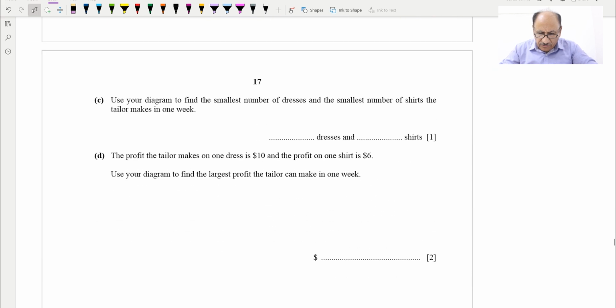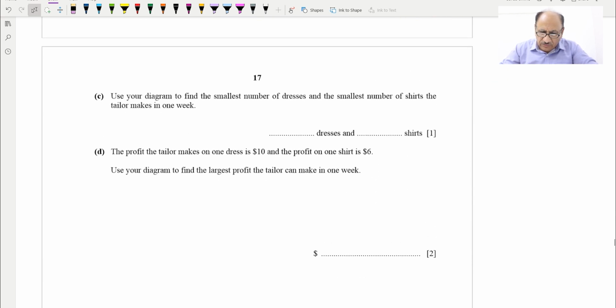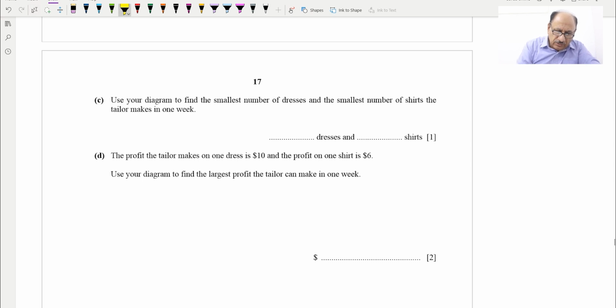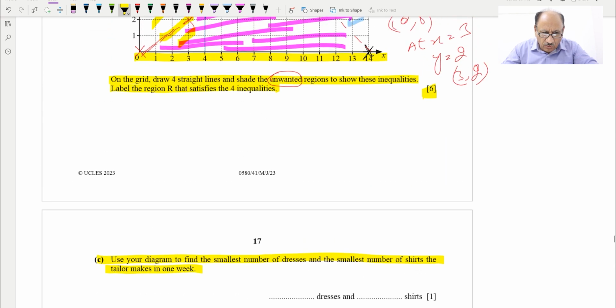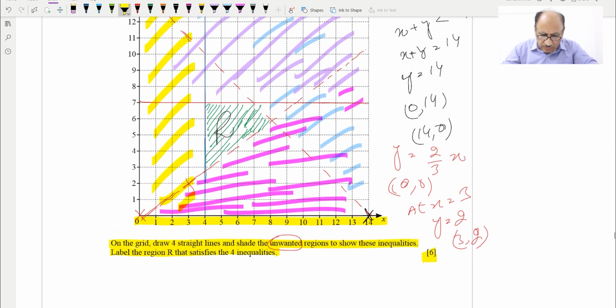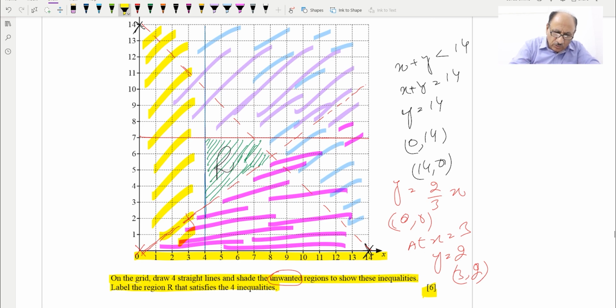Now after shading this, part C says use your diagram to find the smallest number of dresses and the smallest number of shirts that the tailor makes in 1 week. So in 1 week, the smallest is this one.